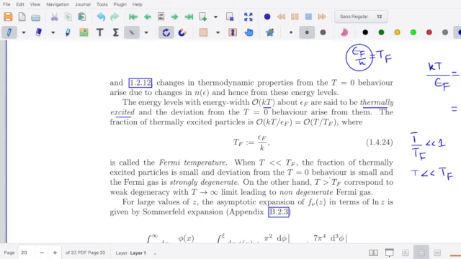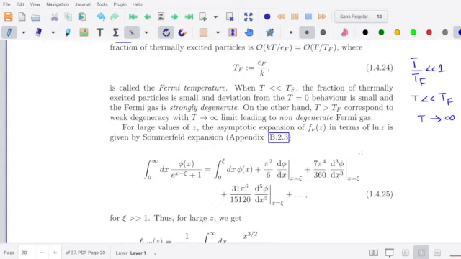It is still degenerate, but we say that it is a weakly degenerate Fermi gas. And when T becomes extremely large, this corresponds to the non-degenerate Fermi gas that we have already considered.